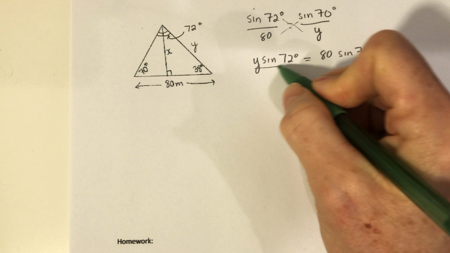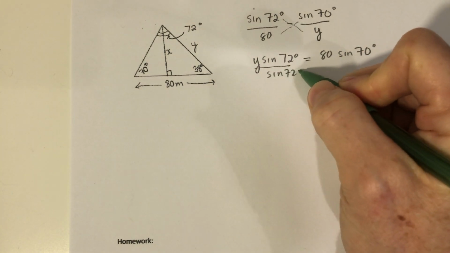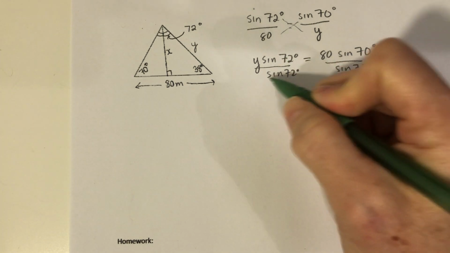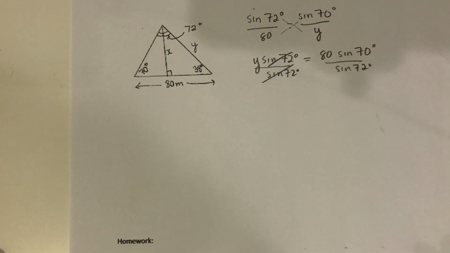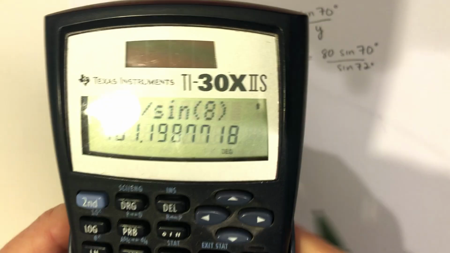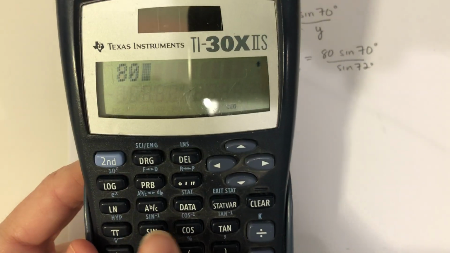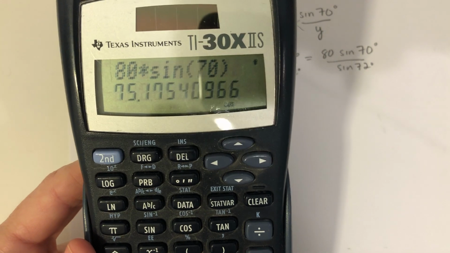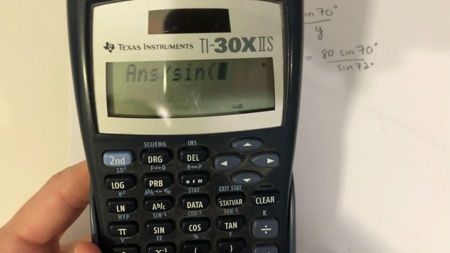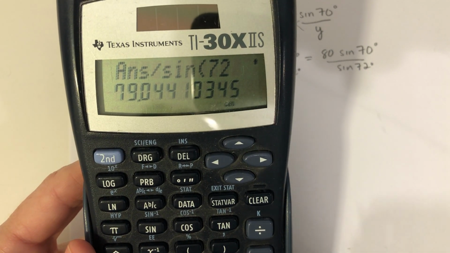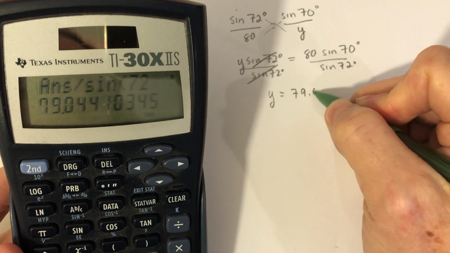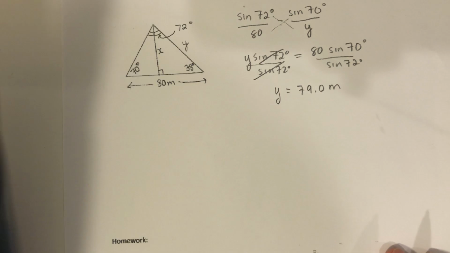And again, if we divide both sides by the sine of 72 degrees, that cancels that, and there's my exact answer for y, which again we'll put into our calculator to be 80 times the sine of 70 divided by the sine of 72, which gives me approximately 79.0 meters for y. Okay?